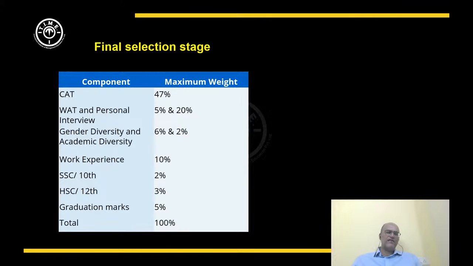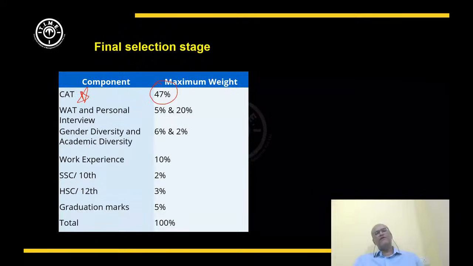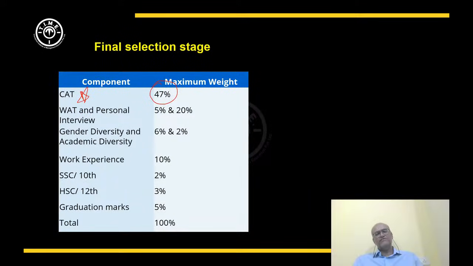And during the final selection process, IIM Trichy again assigned a whopping weightage of 47% to CAT performance. That's the reason, ladies and gentlemen, I had put a star mark next to CAT. Doing a good job in CAT will have a huge advantage because it also helps you in converting your interview call. See, 47% is almost half the weightage.